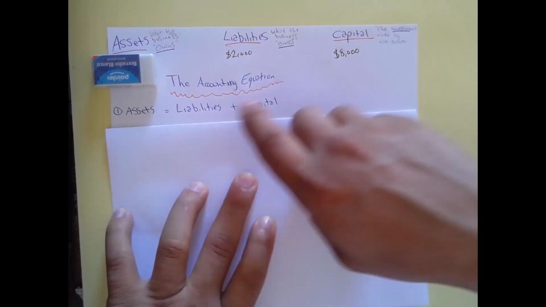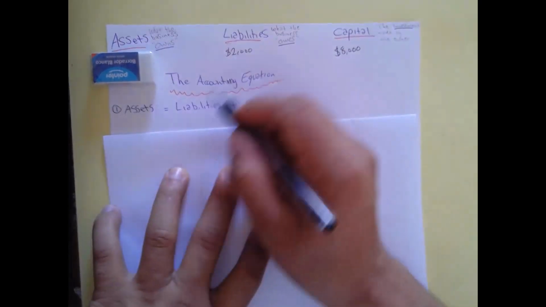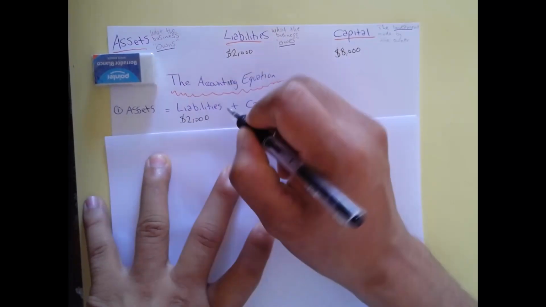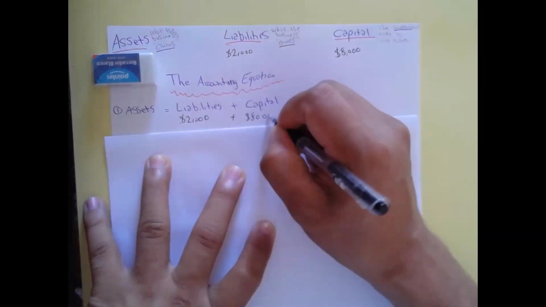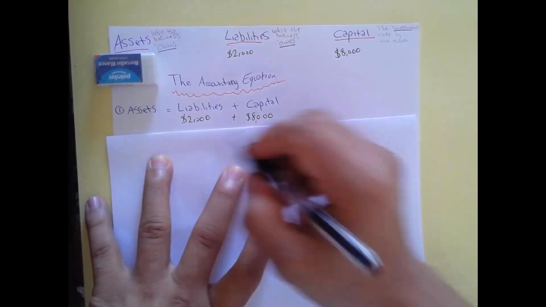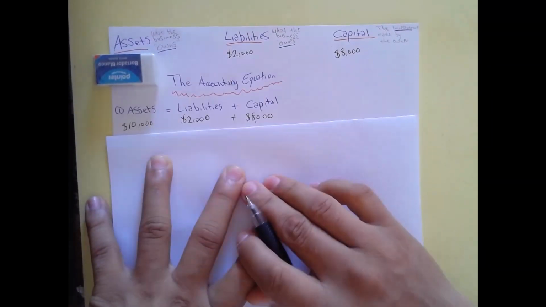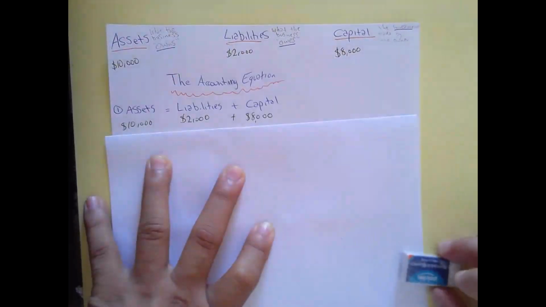So then we can use this equation by saying liabilities $2,000 plus capital $8,000. If you add those up, you would end up with your total assets being $10,000, which is the same figure I have here at the top, okay?